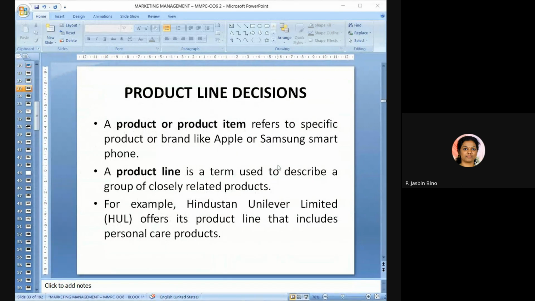So next is product line decisions. A product item refers to a specific product or brand, like an Apple or Samsung smartphone. This is what a product item is. Product line is used mainly to describe closely related products. For example, Hindustan Unilever offers product lines which include personal care products.